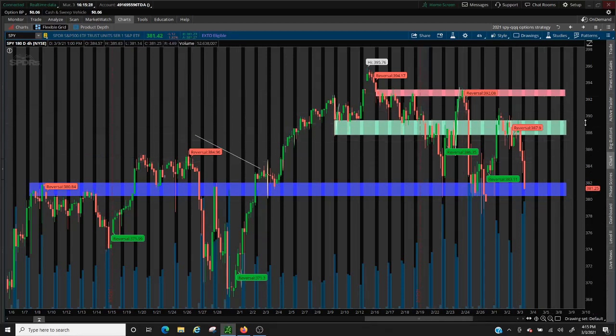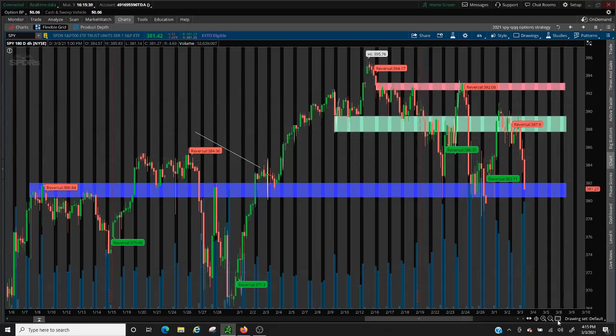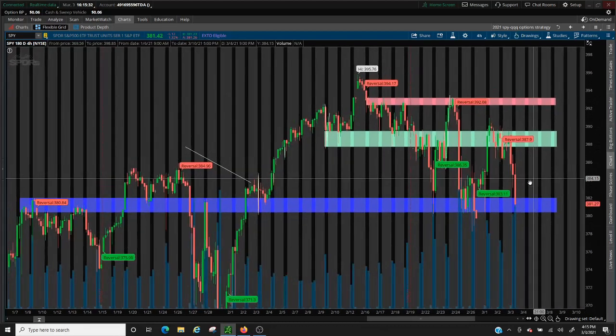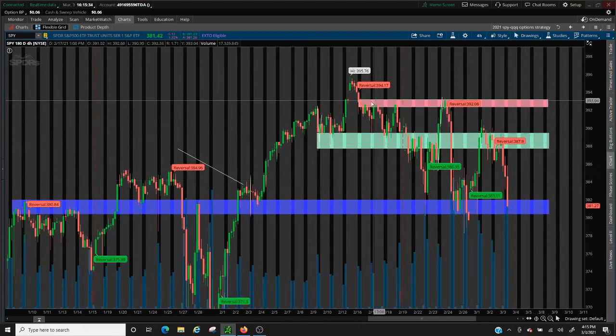Now we know that areas where the market cannot go higher are called resistance points or resistance lines or resistance zones. Okay, areas where the market finds support, right, is called a support line or a support zone.